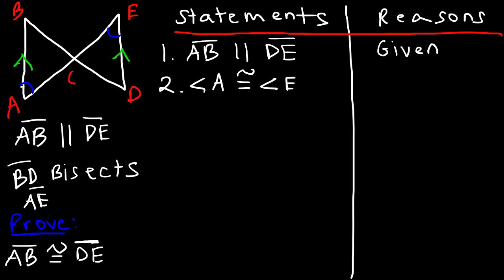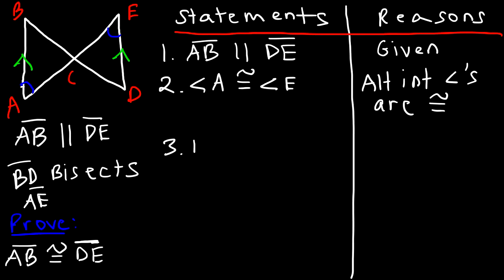Now, what reason can we put? So here's what it needs to say. Alternate interior angles are congruent. So that's the reason. Now, next, let's write that BD bisects segment AE.